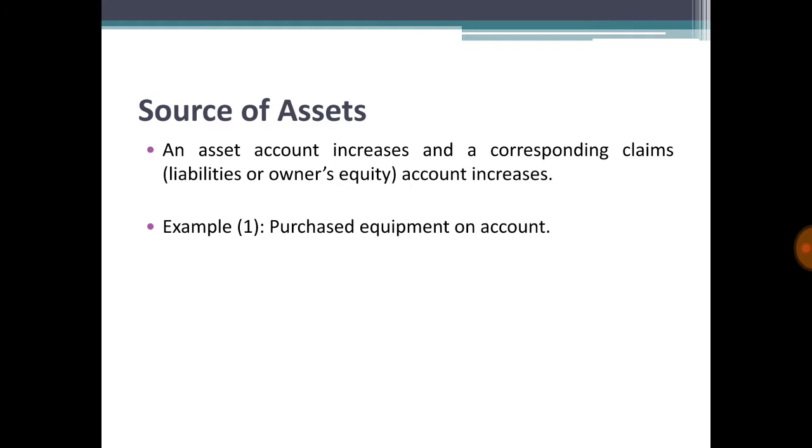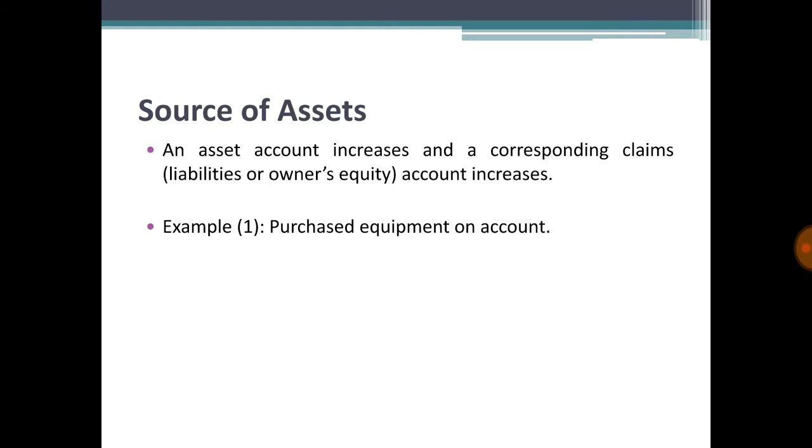When we say on account, it means that the company set up a liability to the supplier for the purchase of this equipment. Therefore, there's also the presence of a liability account, probably accounts payable. So there are already two accounts involved, the equipment and the accounts payable.